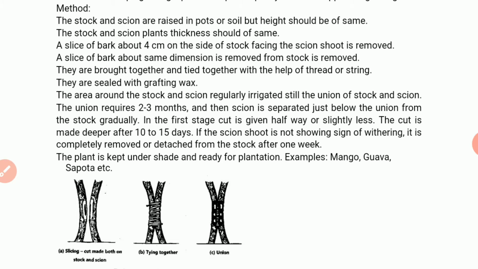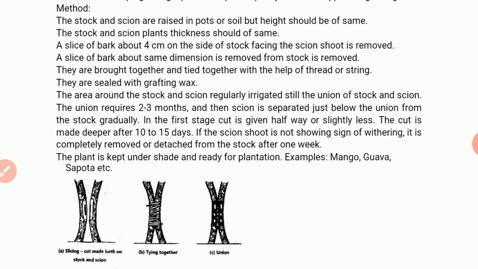A slice of bark of the same dimension is removed from the stalk. They are brought together and tied together with the help of thread or string. They are sealed with grafting wax. The area around the stalk and scion is regularly irrigated till the union of stalk and scion.